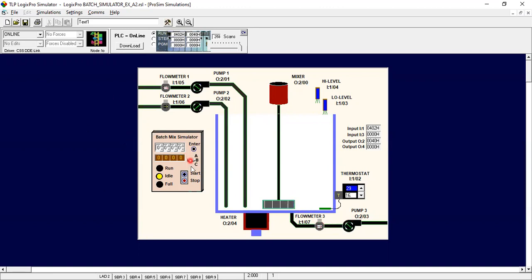If you press C and enter, you can increase your temperature with the thermostats. As you can see, this is the display of BCD.